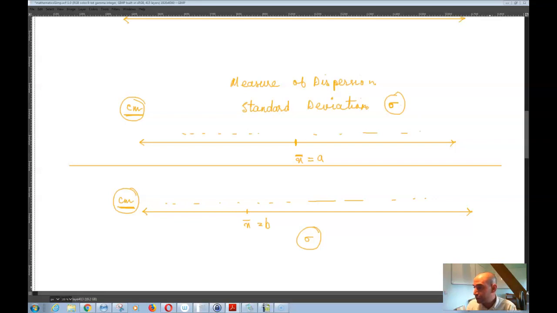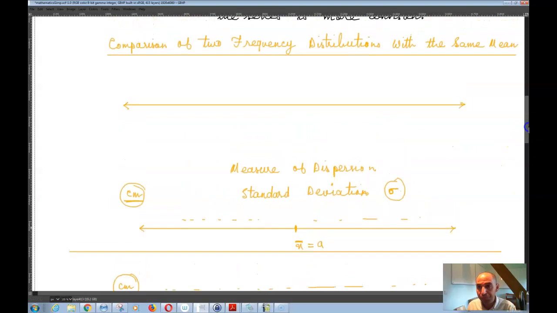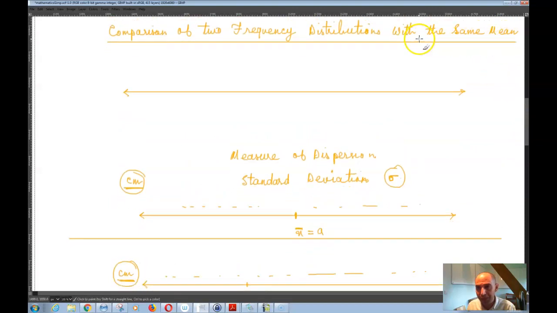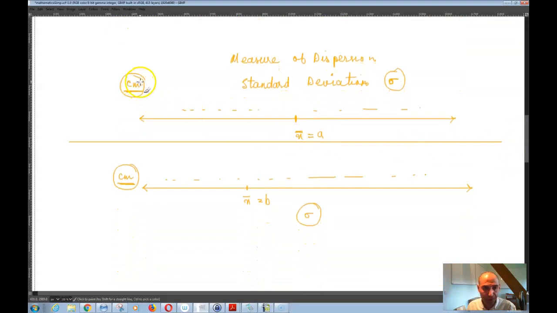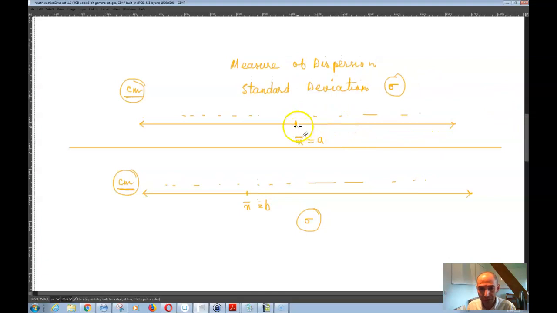Now, in case you do have the same mean, meaning that in both of these cases x bar is equal to a, the same value of mean both of these two series have.